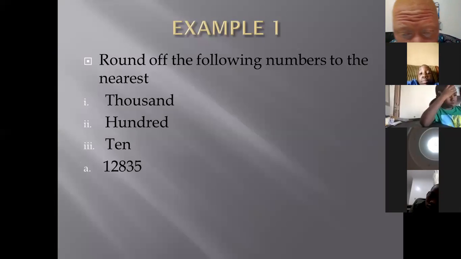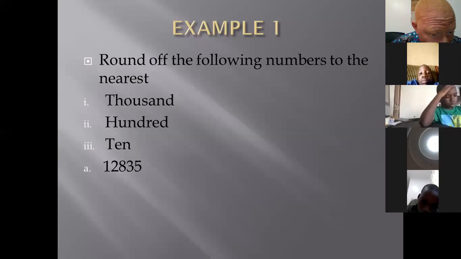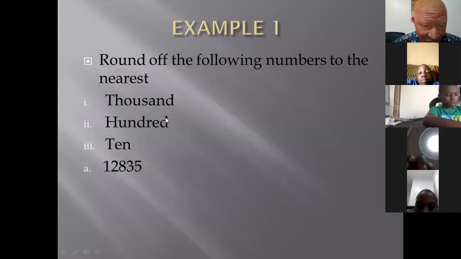And when you want to read this, you say 12,835. So it means you have 10 of 1,000, you have 1,000, which is occupied by the number 2, you have 8, which is occupied by the hundreds, you have 3, which is the tens value, while the 5 is the unit value.